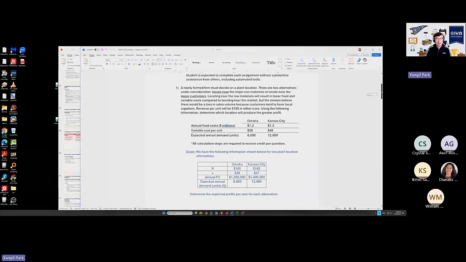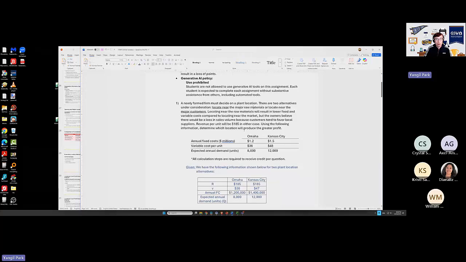But anyway, this is question number 1. Again, a location problem. We're trying to find a better location from these two cities. It looks like they are trying to build a plant. So which location is better? Simply put, the variables we have are just costs and demand, or the number of units that you're going to produce.